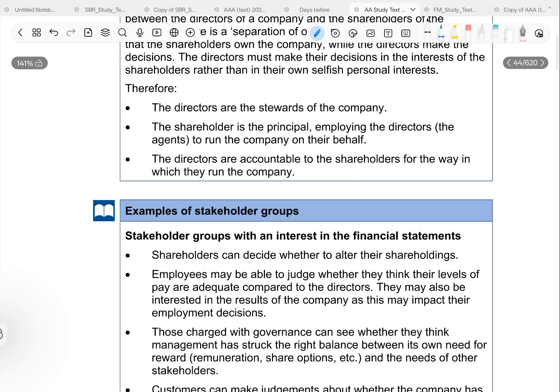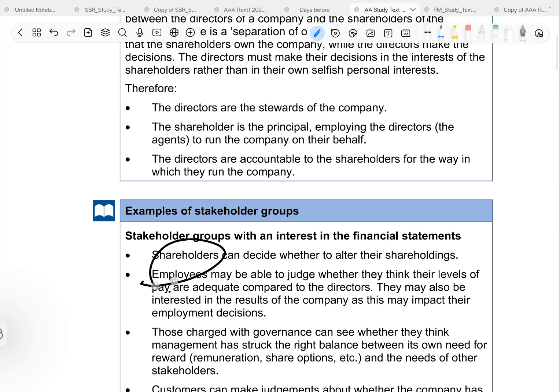Now let's talk about another key concept, stakeholders. Stakeholders are simply people or groups who have an interest in the company and its financial information, and many different stakeholders rely on financial statements to make decisions. For example, first we have shareholders. Shareholders use financial statements to decide whether they should buy more shares, hold their shares, or sell their shares, because the performance of the company directly affects the value of the investment.